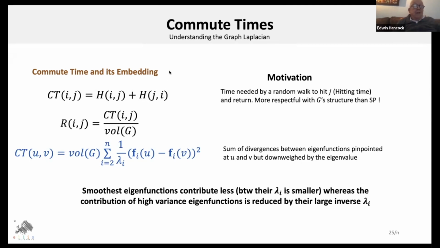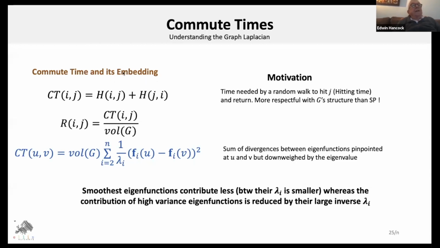So why is commute time an interesting quantity? Well, if you consider the problem of, for instance, taking a graph representing a road network, and that road network is the road network along which you have to travel on your commute from home to work every day and then return again.